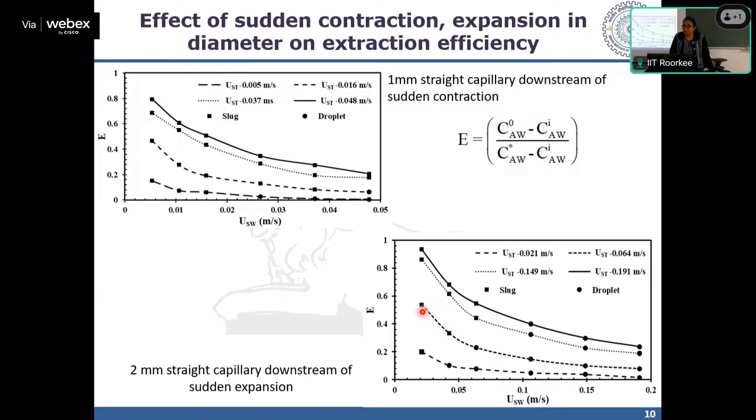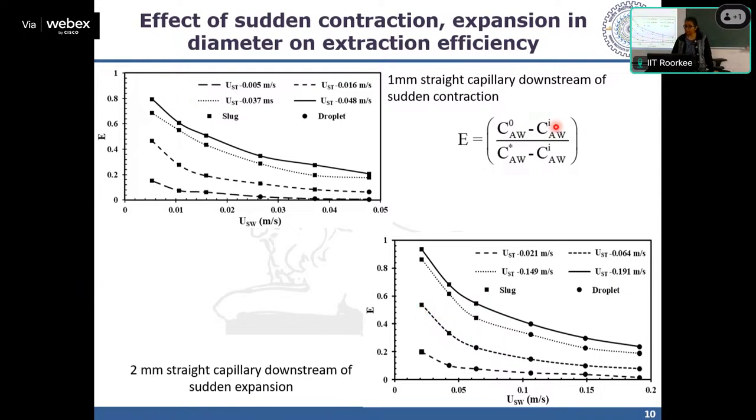Next thing is that in the last to last class, Professor Angeli has mentioned that there are different parameters that you can measure to estimate the mass transfer. One of them is extraction efficiency. So we have estimated extraction efficiency. So CAWO, that is concentration of acetic acid in aqueous phase at the outlet.